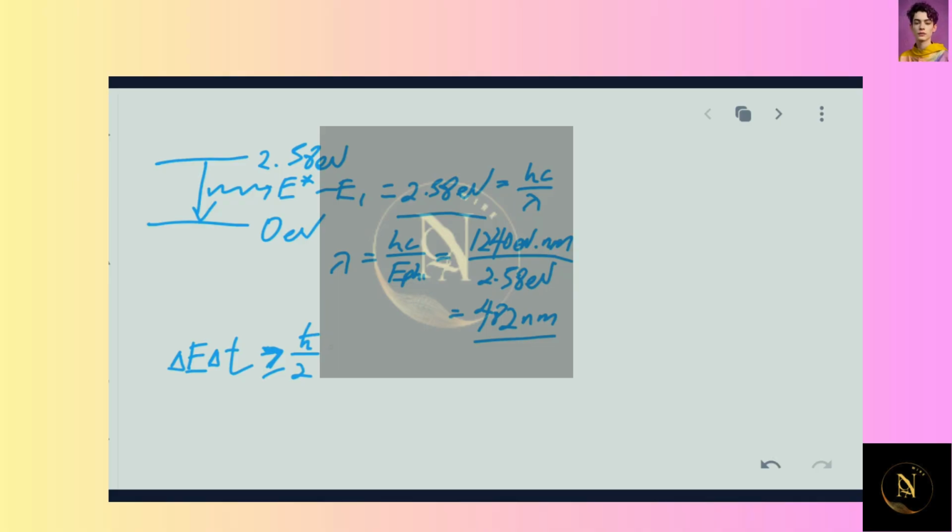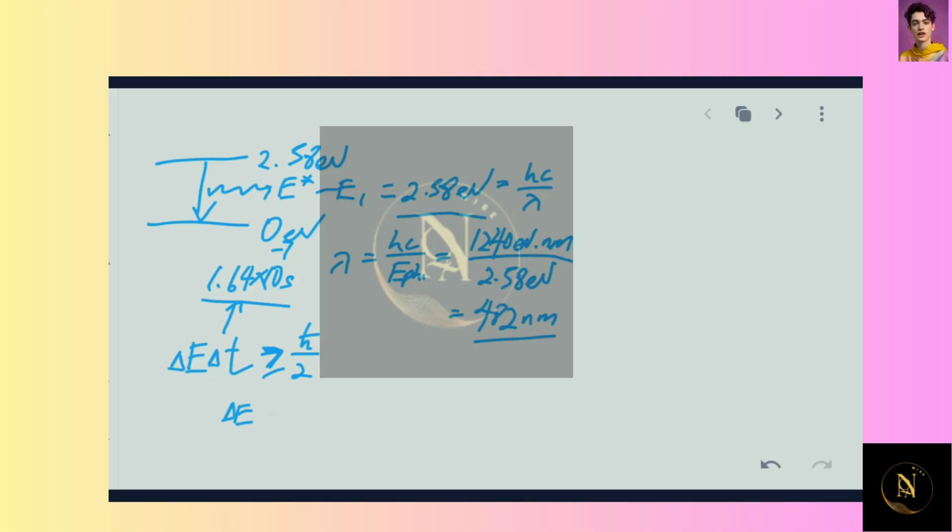Assuming that we are at the lowest possible uncertainty, given our delta t to be the time in which the atom remains at the level, which is 1.64 times 10 to the power minus 7 seconds. We assume this is our delta t.